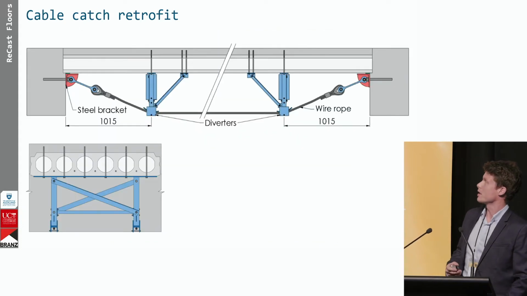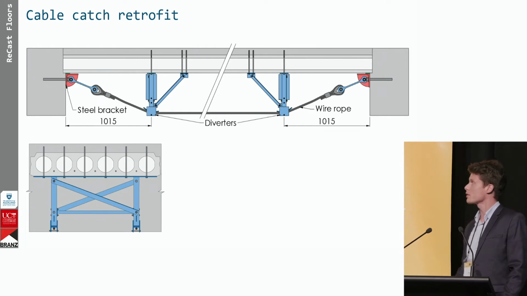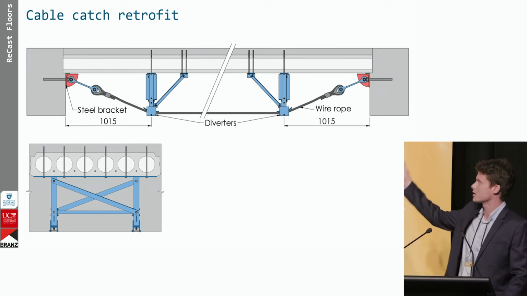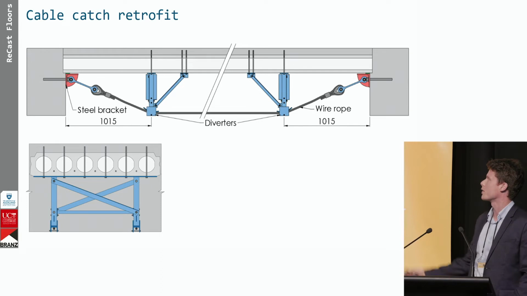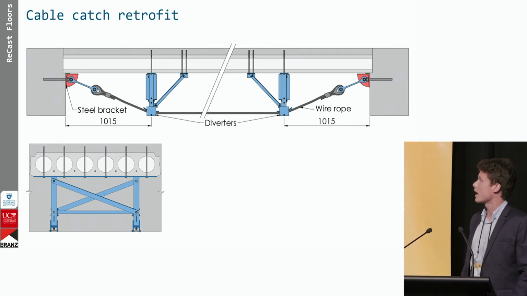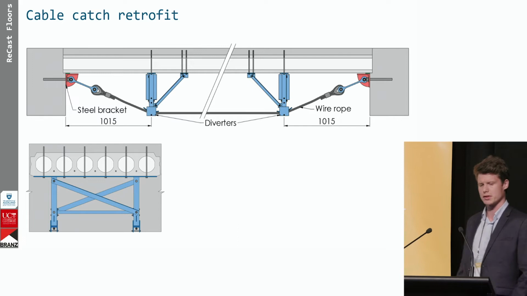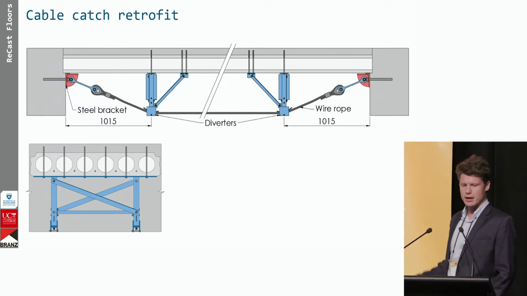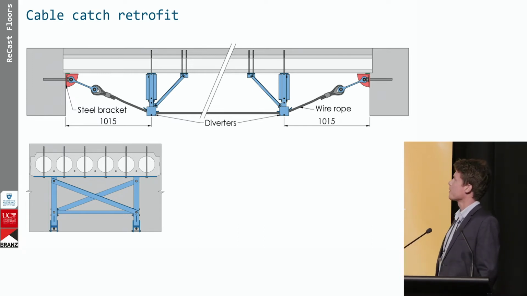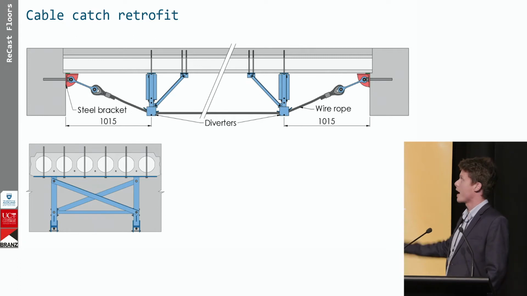Then the cable catch system that we installed in the big frame looked something like this in the elevation. So you had wire rope running parallel and underneath the units in the ceiling space, and then those diverters about 1 meter away from the support. And then those were anchored back through stiffeners at the angles back into the beam.